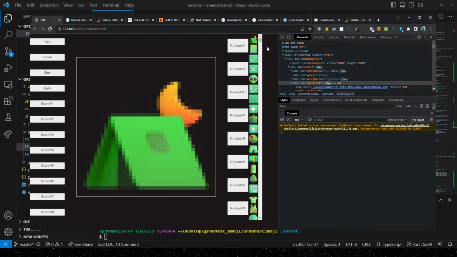Saturation. Saturation is definitely a thing. Yes.